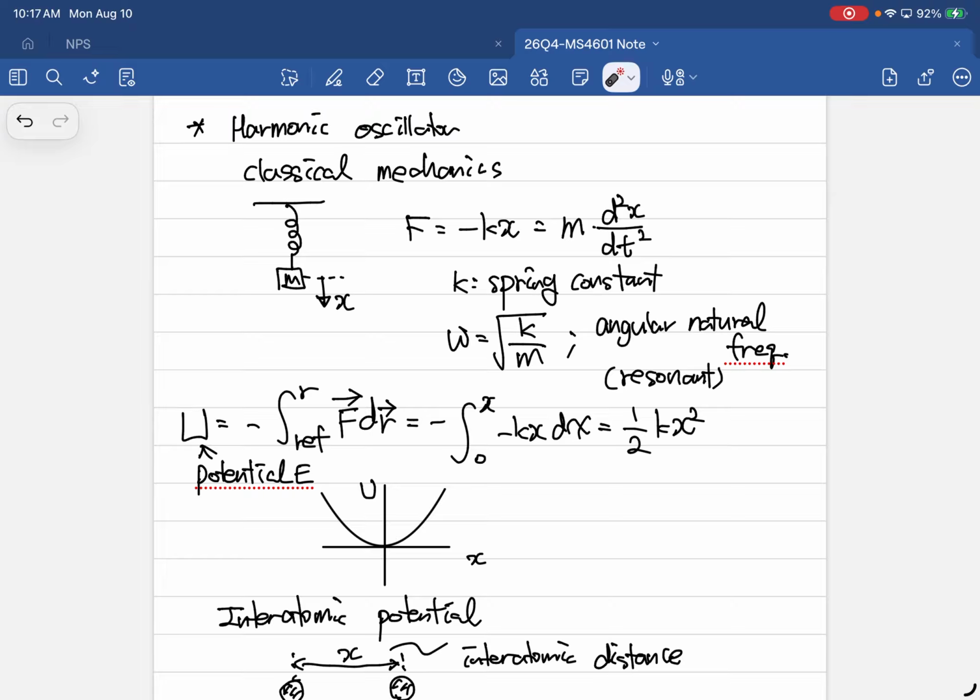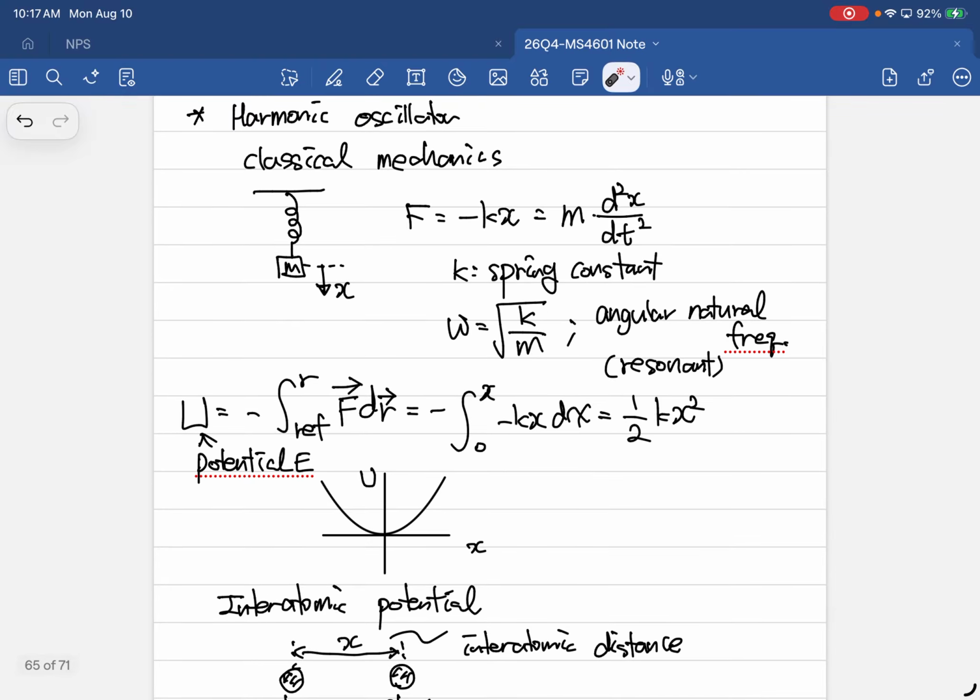From this description you can define potential energy. By definition, potential energy is the negative integral from a reference point to r of F dr. For this particular case we are integrating from 0, the equilibrium position, to the extended displacement.